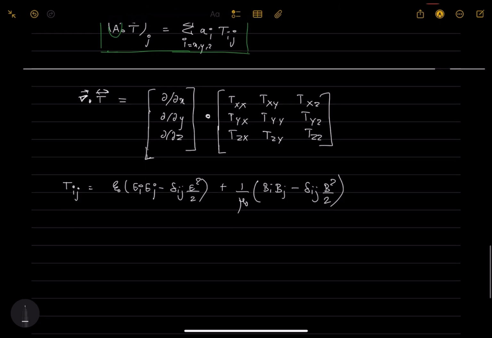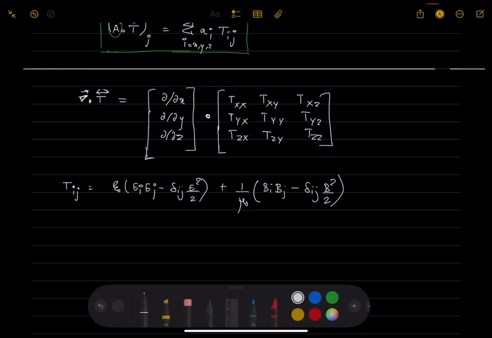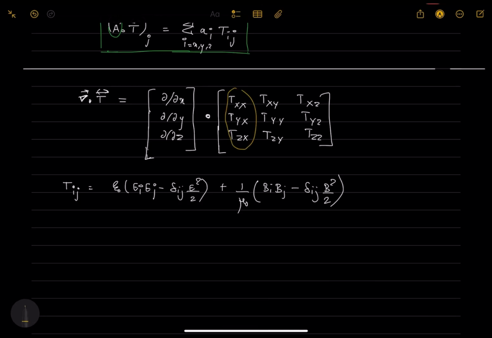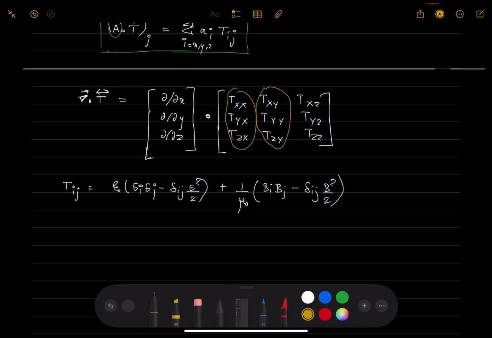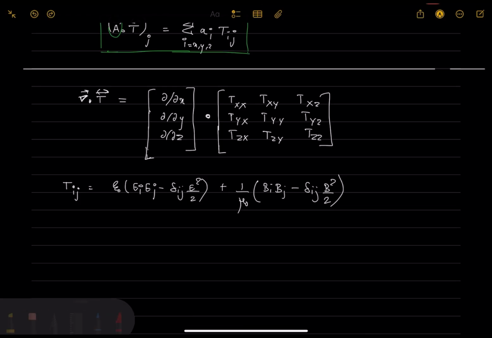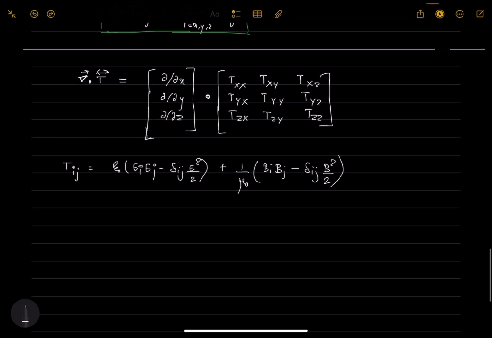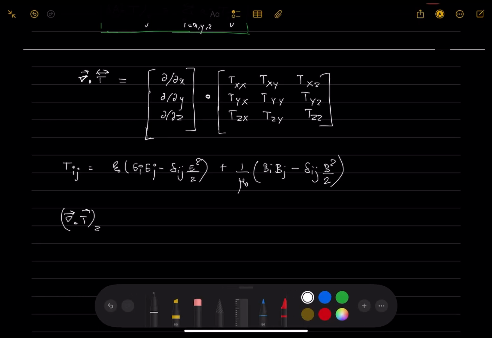We're going to see what one of the terms is, because applying the definition for all 9 elements of the stress tensor is just going to be too much work. So let's just see what the z component of this dot product is. What is the z component of the divergence?